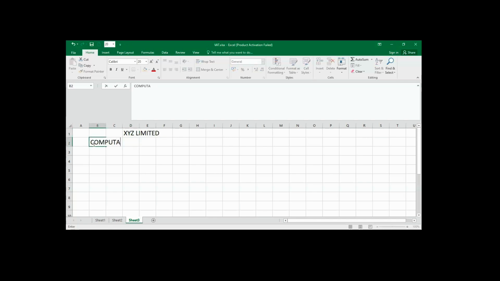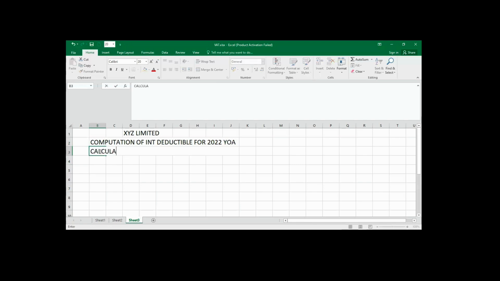Computation of interest deductible for 2022 year of assessment. First thing for us, we have to calculate our EBITDA.